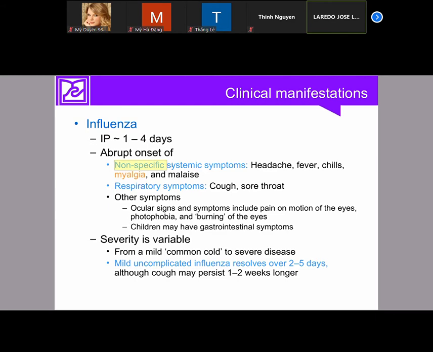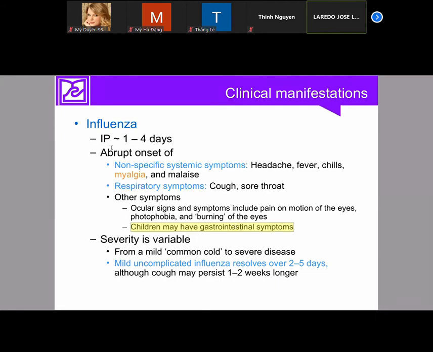After these non-specific symptoms, the patient may show respiratory symptoms. Influenza is a respiratory disease. So patients may suffer cough, sore throat, and other respiratory symptoms. Sometimes we can suffer conjunctivitis, photophobia. We can feel burning in the eyes. And children may have gastrointestinal symptoms like vomiting or diarrhea, but we don't know exactly why.